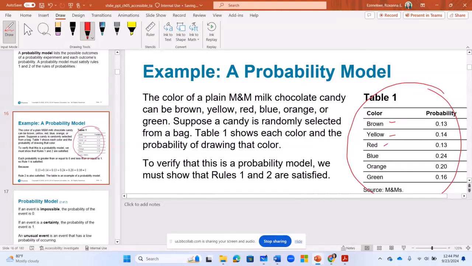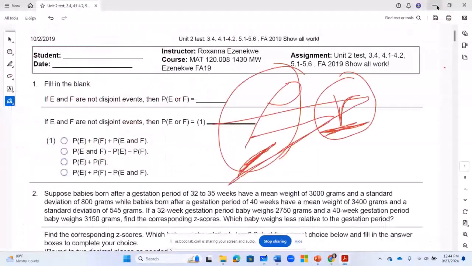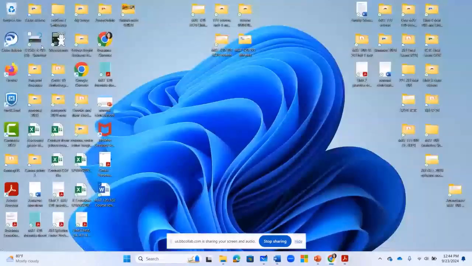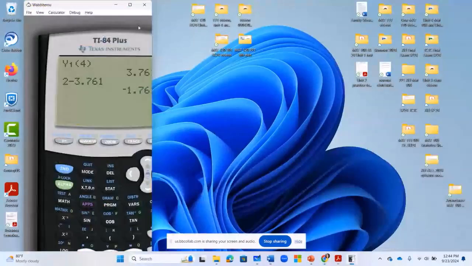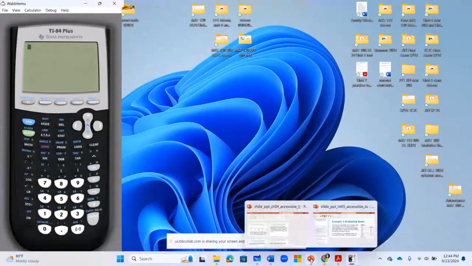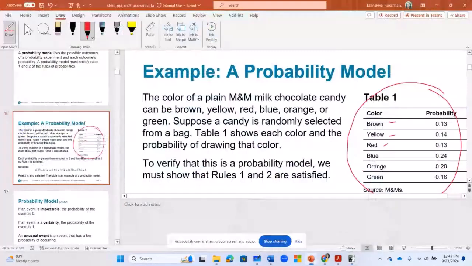If I add all this up, let me get a calculator so I can demonstrate the sum. I am pulling up my calculator and I want to sum that probability and make sure it's 1. If it is not 1, then it's not a probability distribution or a probability model. To verify that this is a probability model, we must show that rules 1 and 2 hold.